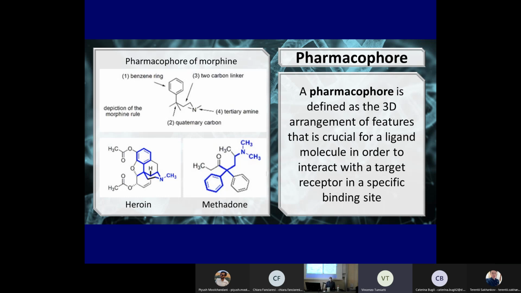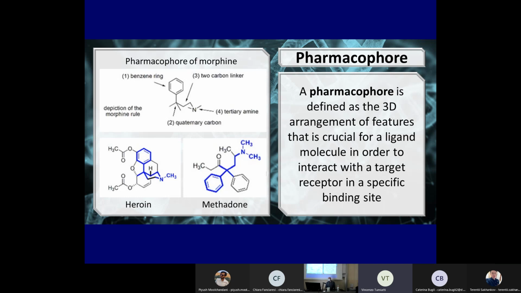So, have you any questions? Have you understood it? Please, yes, Mona. So, just to check if I understood well, whatever we do to a certain molecule, we should not change the pharmacophore, because in that case we will have different or no effect.